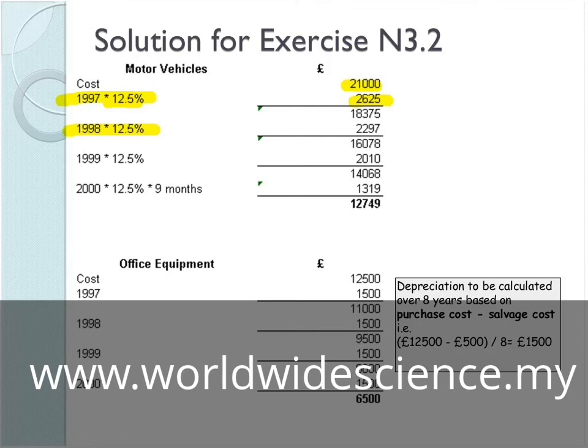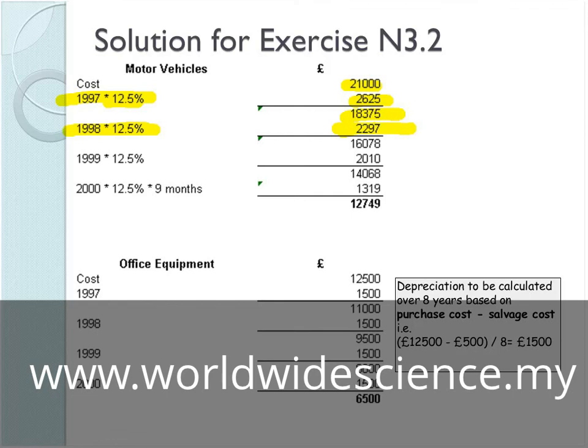We deduct 2,625 from 21,000, and we get 18,375, right? Then from this amount, we calculate the depreciation at the rate of 12.5, and we get the answer of 2,297, which is the depreciation cost.